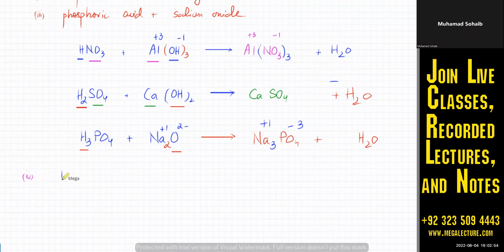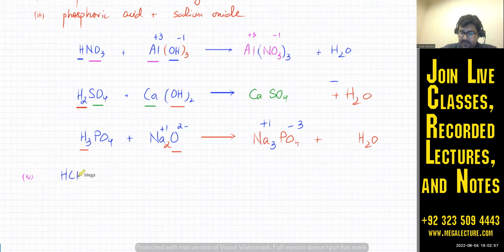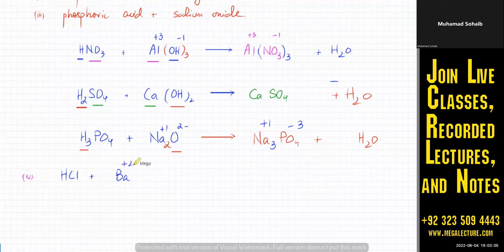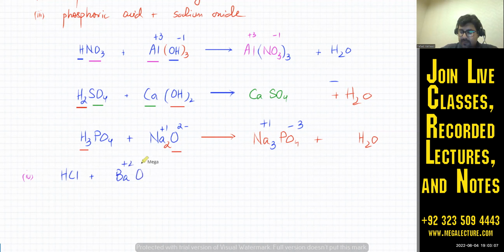HCl. That's H+1 and Cl -1, right? And what's barium oxide? Barium is group 2, so +2. Oxygen is group 6, -2. So there's no point doing the crisscross because the 2 and 2 will get cancelled out. So it's just going to be barium oxide.